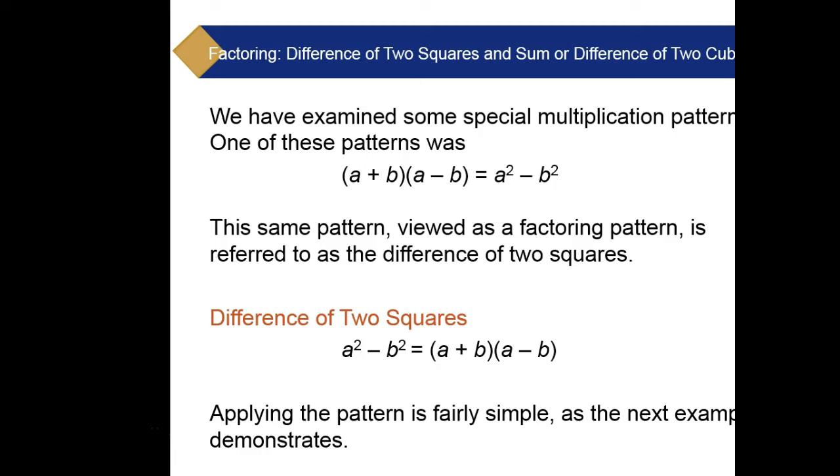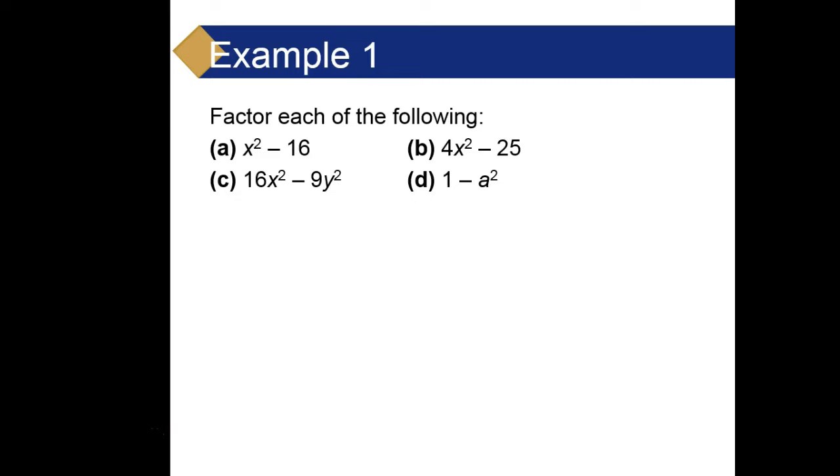Anytime you have the difference of 2 squares, and A and B don't just stand for any numbers, but any entity, A squared minus B squared, you can factor as A plus B times A minus B. Applying that factoring pattern is fairly simple, and we'll do the next example, which has, I think, multiple parts.